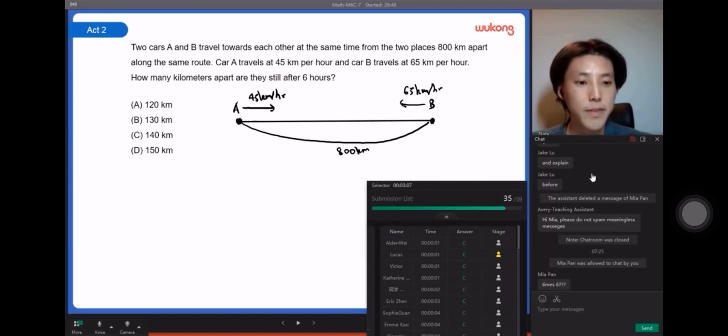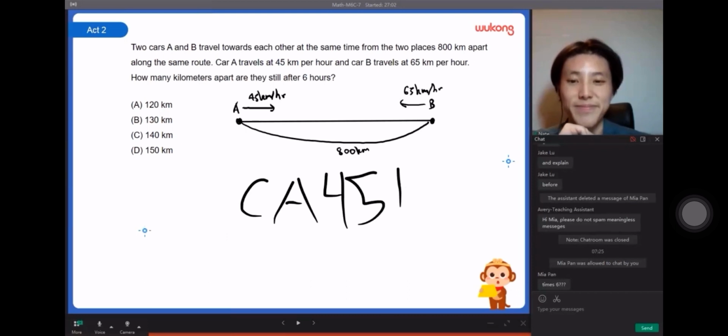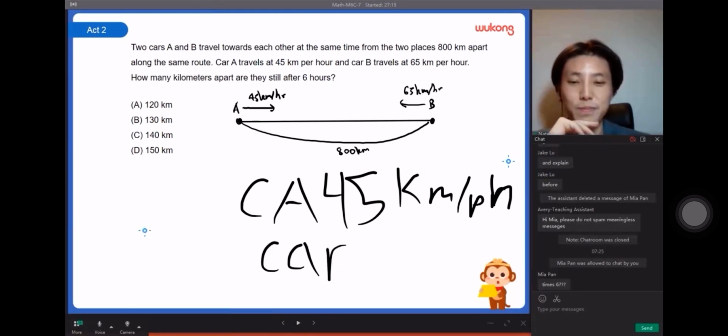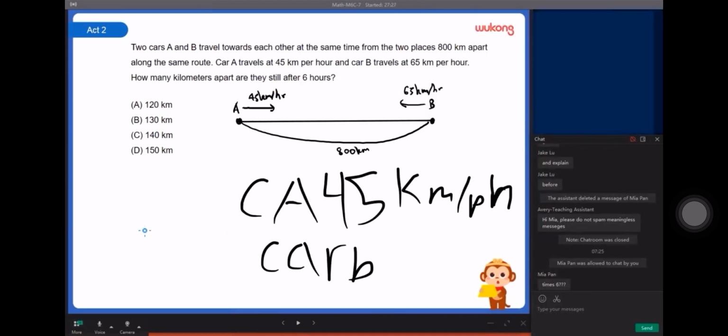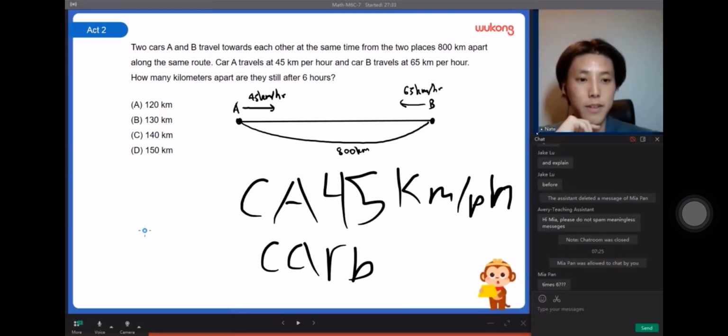So what you have to do is, since we know that car A travels at 45 kilometers per hour, and car B travels at 65 kilometers per hour, all we have to do is add 45 kilometers with 65 kilometers, which equals 110. 110 times 6 hours is going to be 660, and then 800 kilometers subtracted by 660 kilometers is 140 kilometers, which is C.